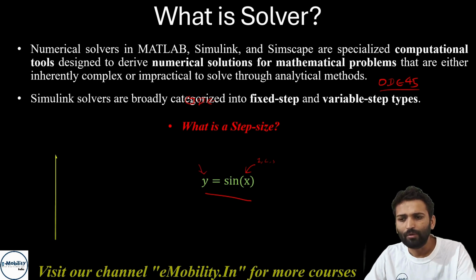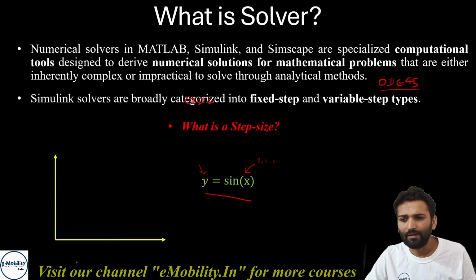We can have two different axes, and here the step size can be 1. One step size means this is 1, this is 2, this is 3 and this is 4, where 1 can be 30 degrees, 2 can be 60 degrees, 3 can be 90 degrees, and this can be 120 degrees and 150 degrees and so on.